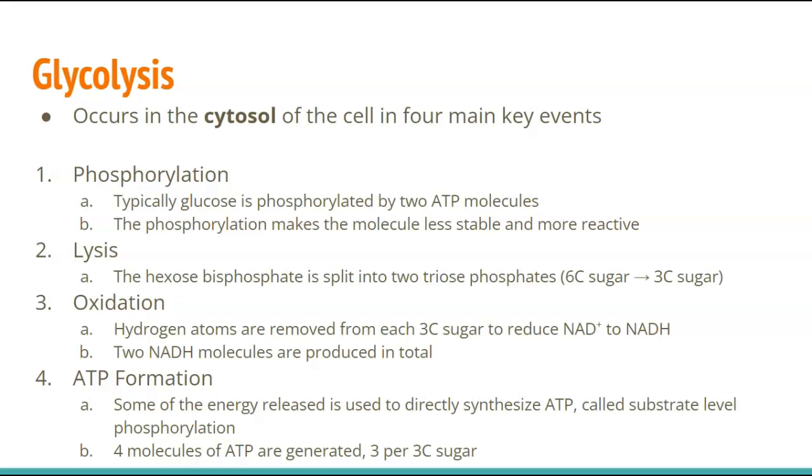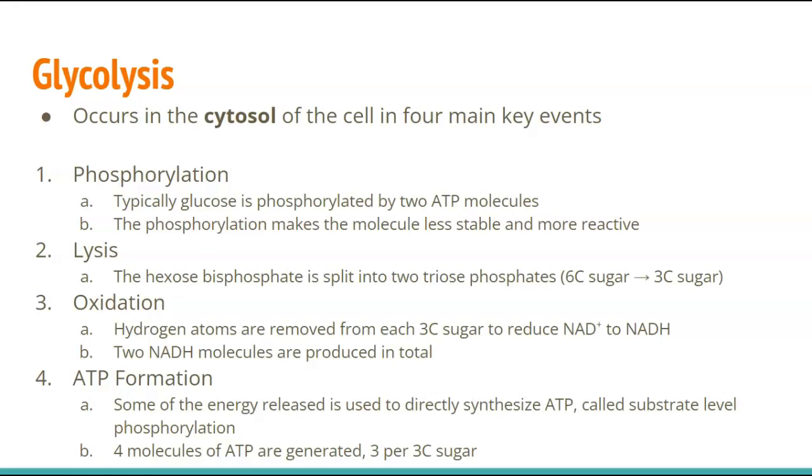So glucose is phosphorylated, which makes that molecule less stable and more reactive. So you're kind of like putting a lot of pressure on glucose because you don't want a 6-carbon sugar, right? Glucose is a 6-carbon sugar. We don't want that. That's too big to work with.